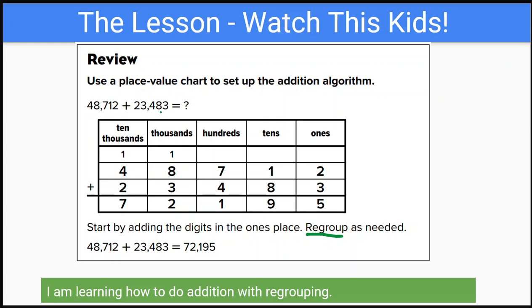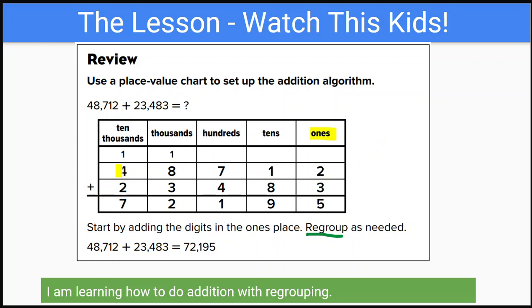So we're trying to find the sum of 48,712 plus 23,483. Let's take a look at how they did this so far. They wanted us to start in the ones column, just like our last lesson.